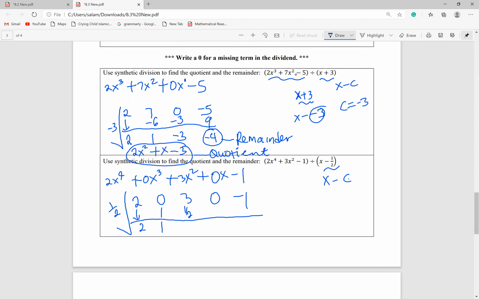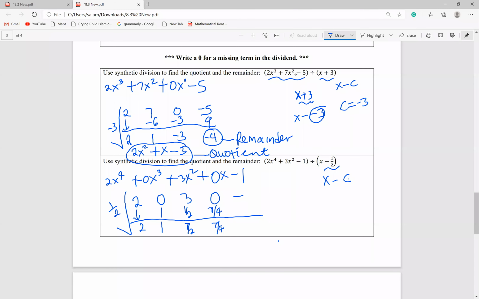Then the next is 7/2 times 1/2, that gives me 7/4. And 0 plus 7/4 gives us 7/4. Then 7/4 times 1/2 gives us 7/8.